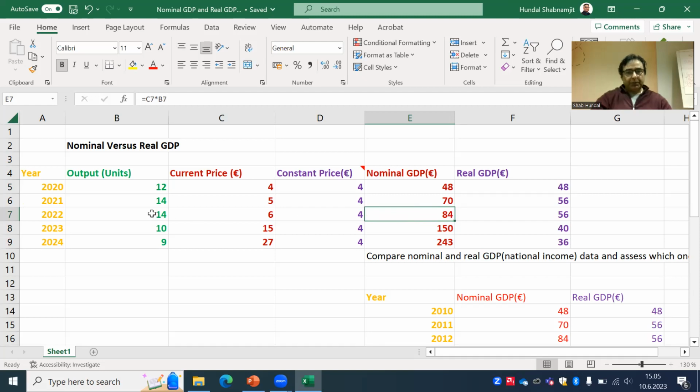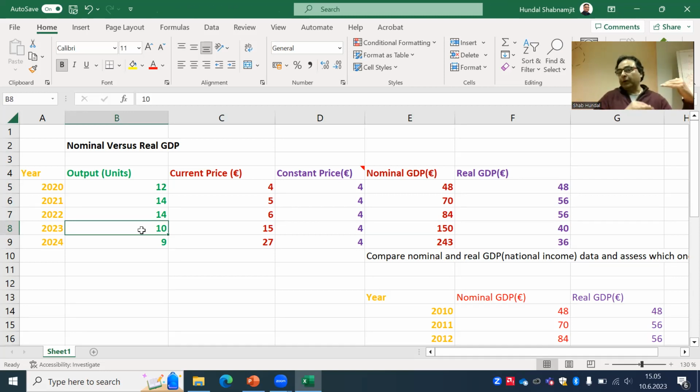But when I see the output, it has gone down in 23. But when I see the nominal GDP, there is almost 80% increase. So how is it possible that your GDP is increasing when your total output, the real output, the material output and the services produced in the factories by different commercial organizations, has fallen, but your nominal GDP is increasing?